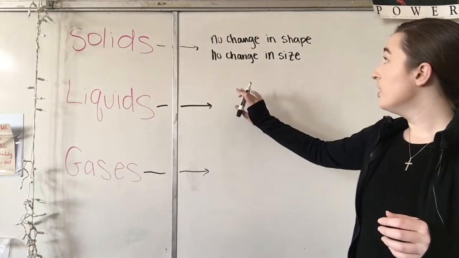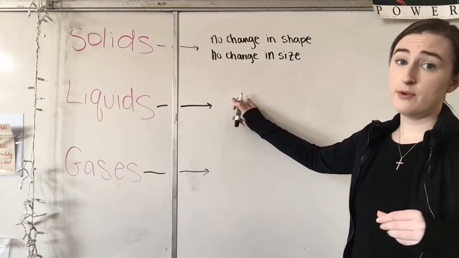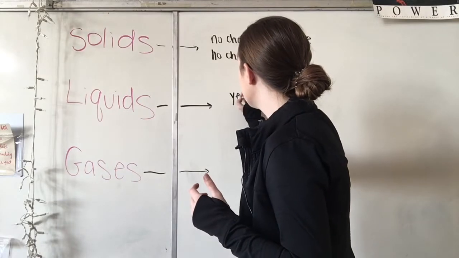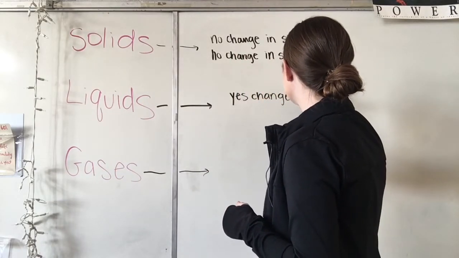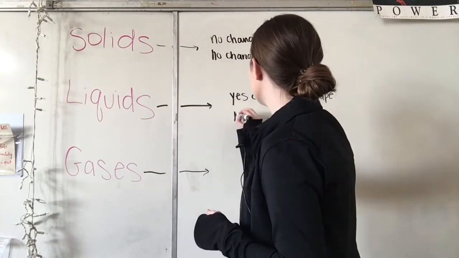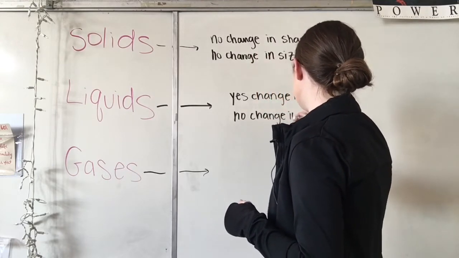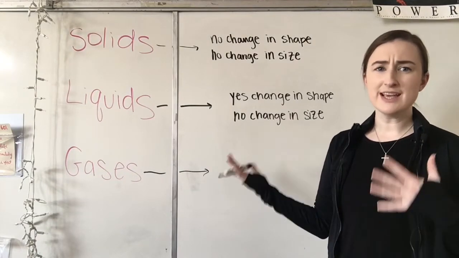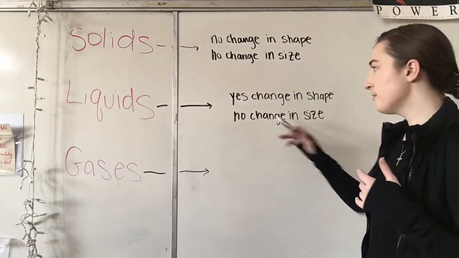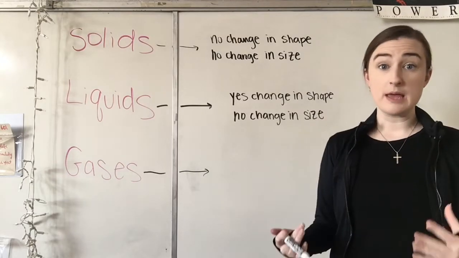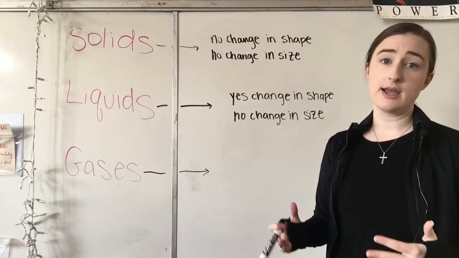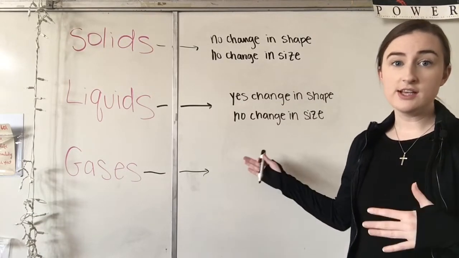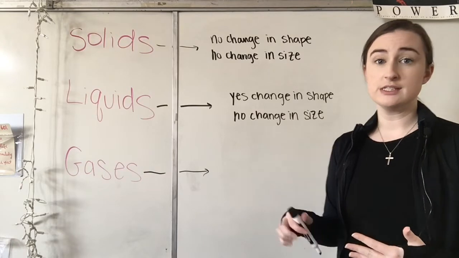Liquids, yes change in shape, no change in size. That one's fairly easy. You have a yes, no, 50-50, but you need to remember that yes change in shape, no change in size. Gases is pretty easy too. It's yes, yes. Yes change in shape, yes change in size.